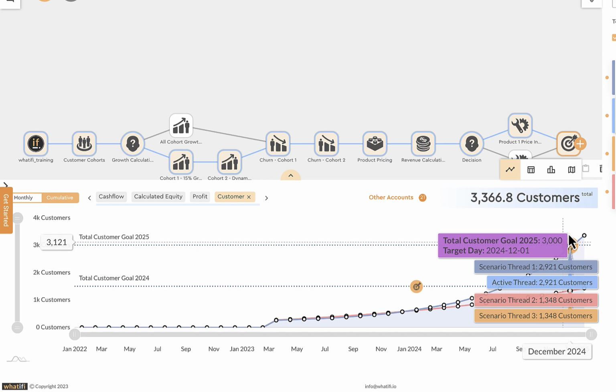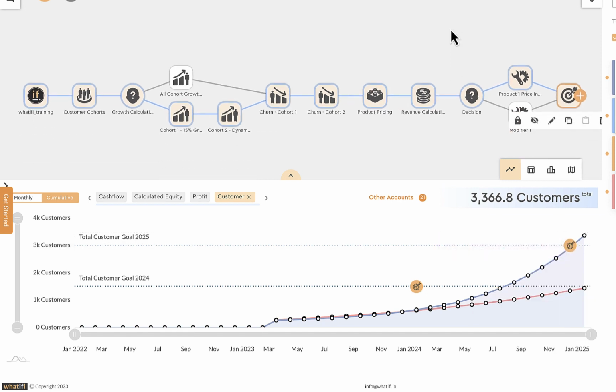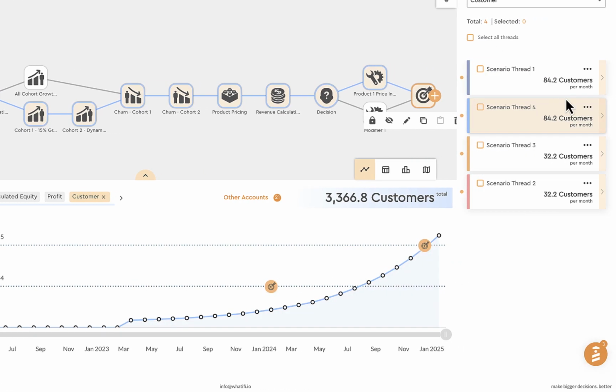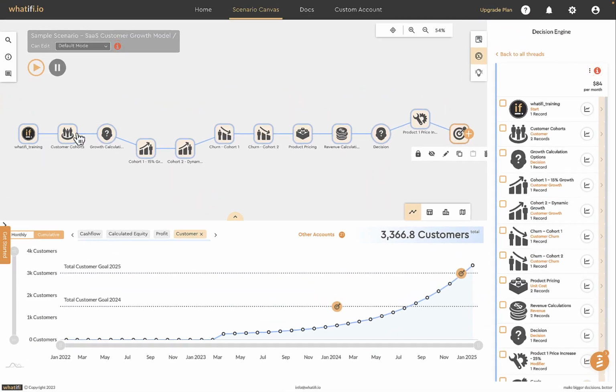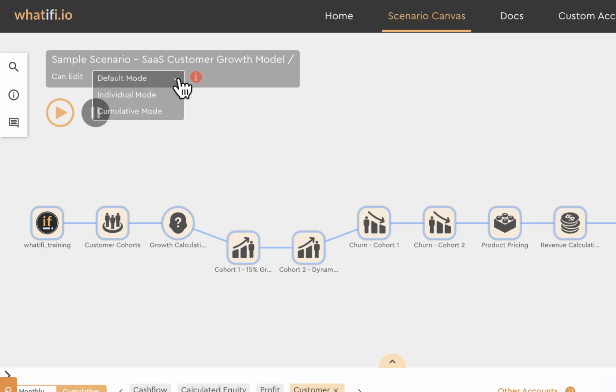Now, one of the things you can also do with a scenario like this is we give you the ability to drill deeper into an individual scenario. So for example, we could drill into this one unique scenario here, and we can go into some different modes. So I can go into something like cumulative mode here.